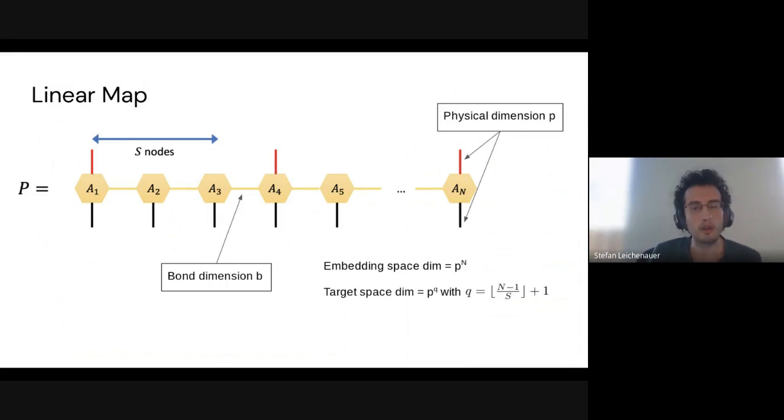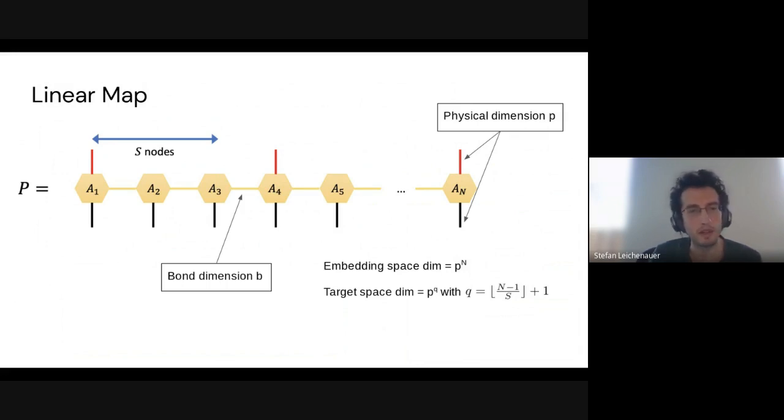The next step is to look at this linear map P. Remember, we have physical dimension P, bond dimension B. This map is a mapping from the lower indices, the P to the n dimensional space, into the red upper indices. There are n lower indices, but only q upper indices, and q is basically n divided by s.